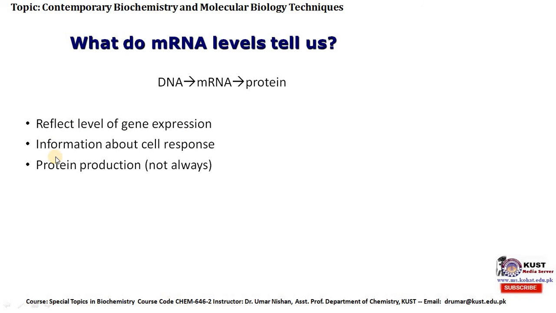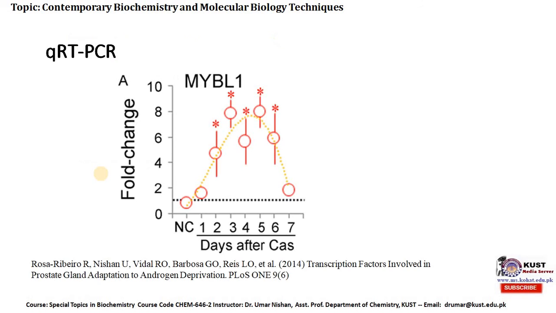It gives us information about cell response. It also gives us information about protein production, which is not always true, because sometimes this messenger RNA, before translating into any kind of protein, is degraded or is utilized. So this is not always true, but in most cases it can give us this information.